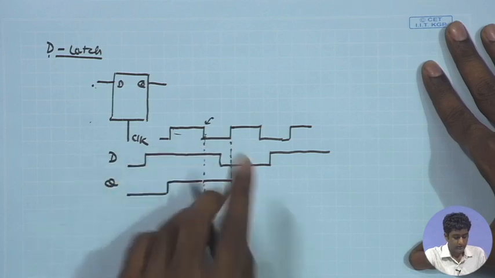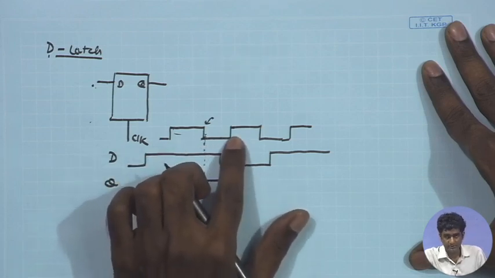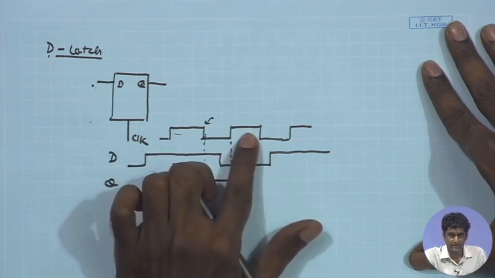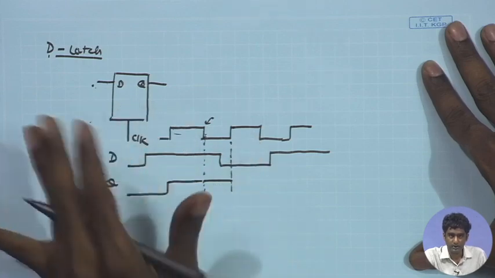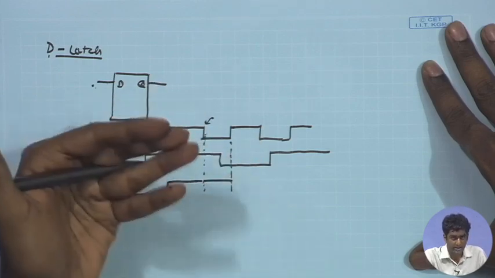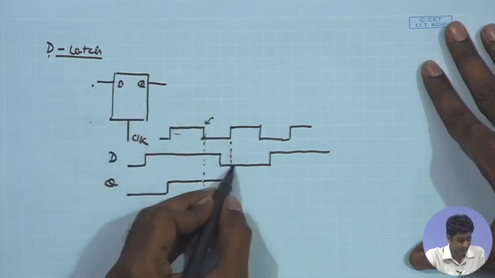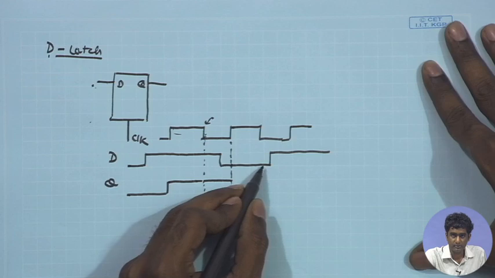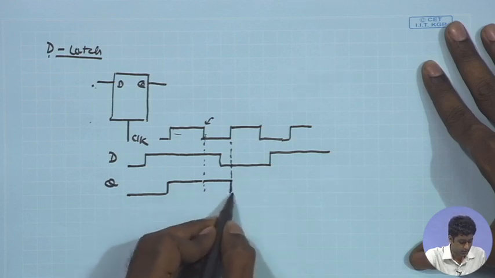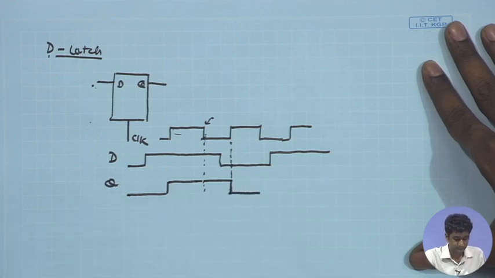Then once again, when the positive phase of the clock comes, D and Q become connected again, the latch becomes transparent again, and the new D value is going to be available at Q. So, at this point, once again Q will make a transition.